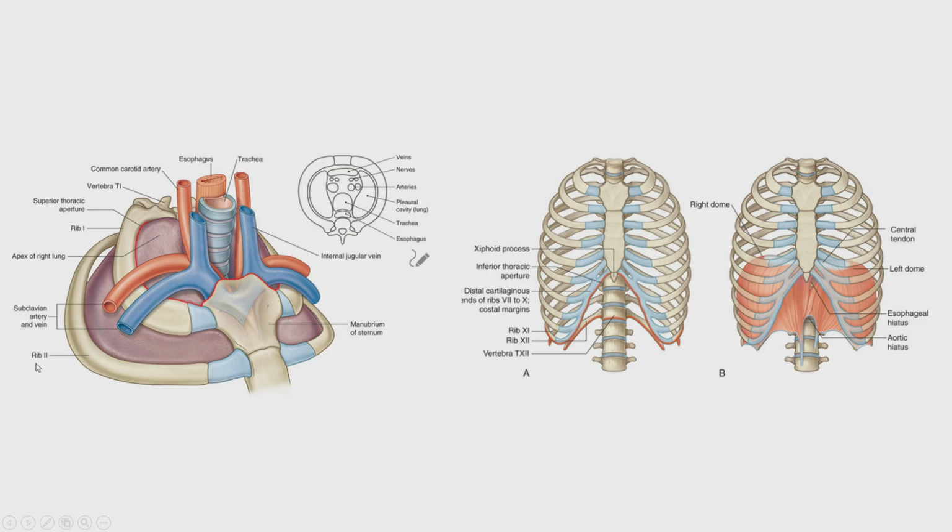So here you can see what I said. The deep border cranially is the apex of the right lung, which is covered by the cupula. It goes to the root of the neck in the scalenovertebral triangle, so it doesn't match this superficial border. It's above the first rib and above the clavicle, around 2-3 centimeters up there.